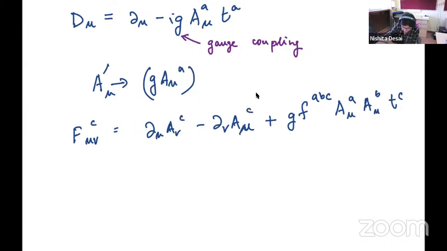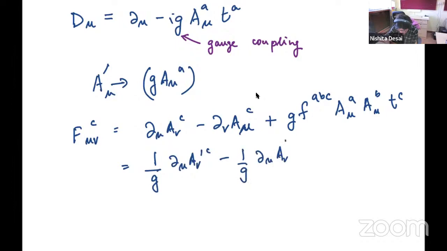So we had this. So in terms of A_mu prime, what we get here is g, and one of the g's gets absorbed with one of the A_mu's, and you have only one coming from the other one.